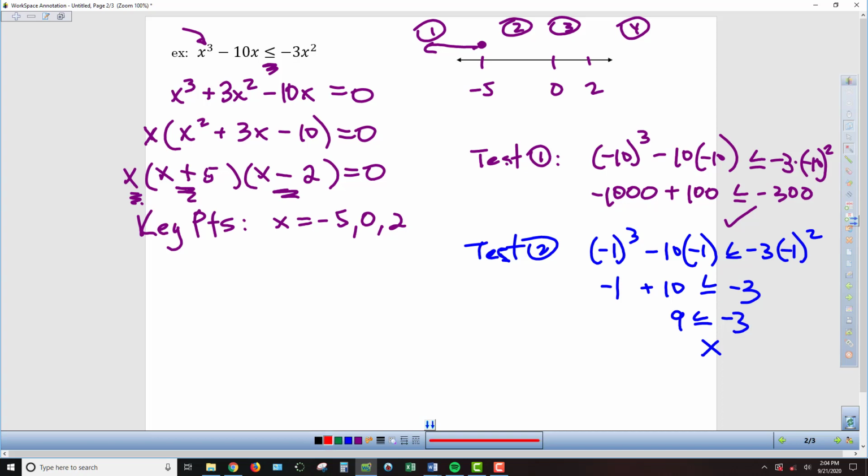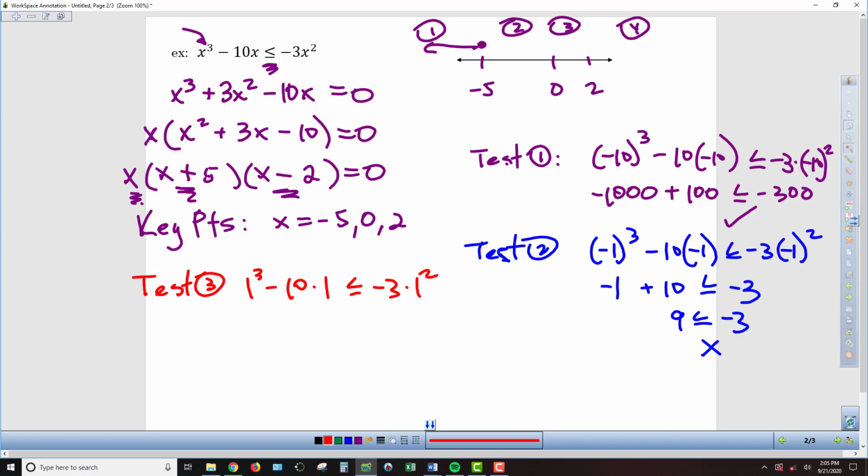And I'm going to move on to test region 3. So I'm going to again pick a number in that range. I'm going to use 1. So I've got 1 cubed minus 10 times 1 is less than or equal to negative 3 times 1 squared.